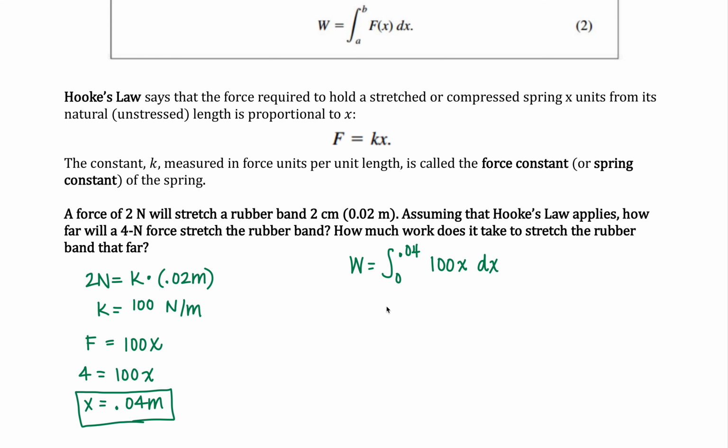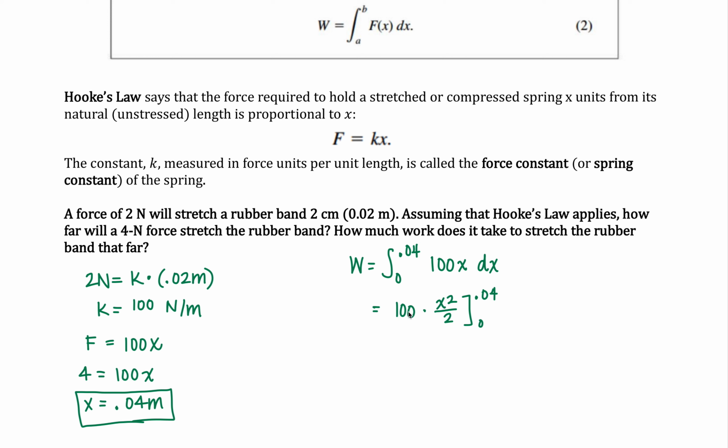The 100 can get pulled in front. When we integrate the x, it's just x squared over 2. We're going to evaluate that from 0 to 0.04.